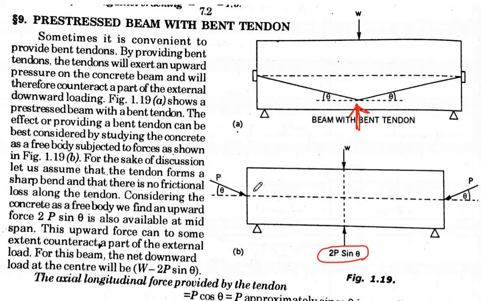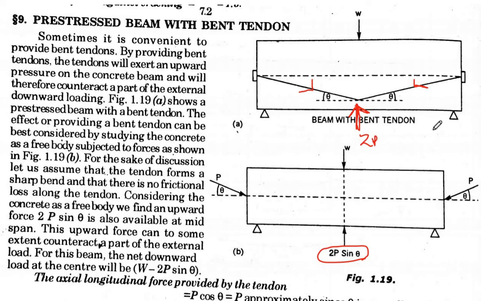These are the prestressing forces at an angle theta from the horizontal. Here we have vertical and horizontal components on both sides. Here we have the vertical component P sine theta, and here also P sine theta, so the upward force is 2P sine theta.